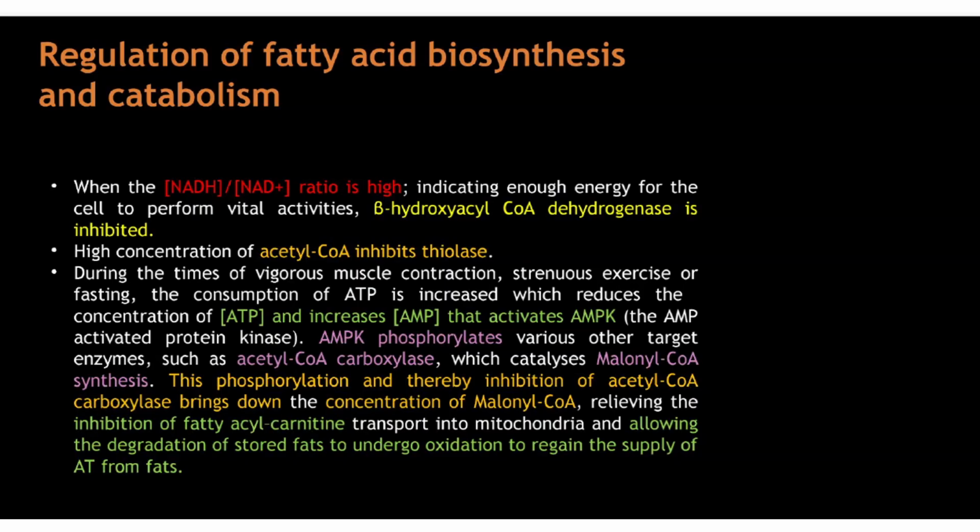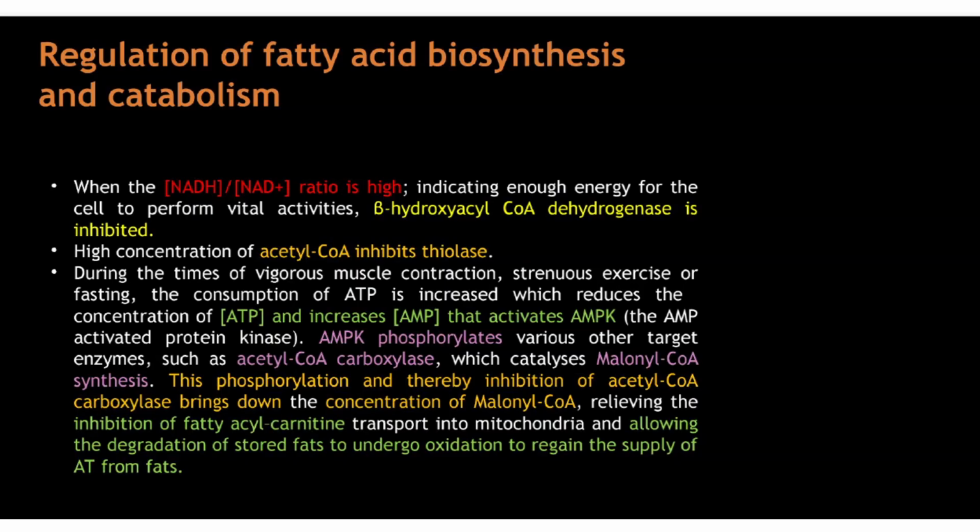During times of vigorous muscle contraction, strenuous exercise, or fasting, the consumption of ATP is increased, which reduces the concentration of ATP and increases the concentration of AMP, which activates the AMPK pathway. Okay, so AMPK phosphorylates various target enzymes such as acetyl coenzyme A carboxylase, which catalyzes malonyl coenzyme A synthesis.